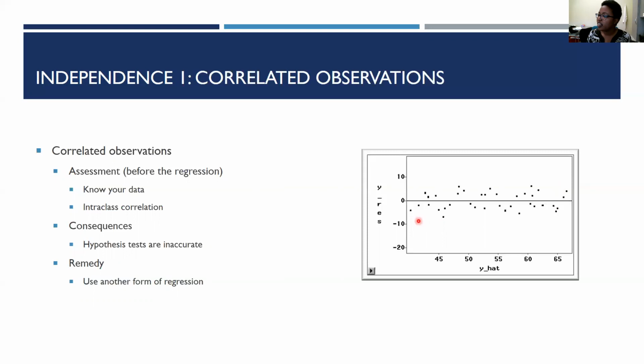So if you look at this line over here, what you can see is that these observations go up for a certain point, and then they start going down again, right? So if you were looking at this observation right here, you would probably be able to guess that it would be lower down here because it's coming after these higher values. So these observations are connected in some ways.